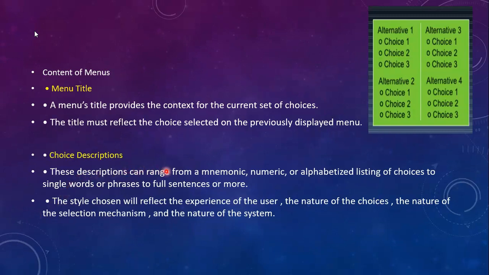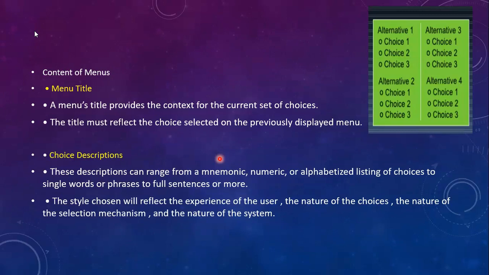These descriptions can range from mnemonic, numeric or alphabetized listing of choices, to single words or phrases, to full sentences or more. You may have the choice descriptions as numbers. Maybe if you are giving grades, you may be provided with the numbers 1 to 10, and you can choose the values in the menu list.